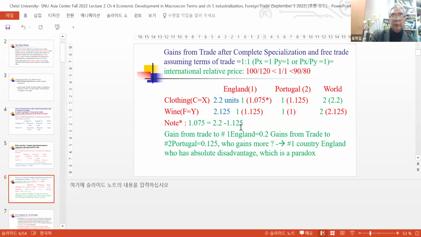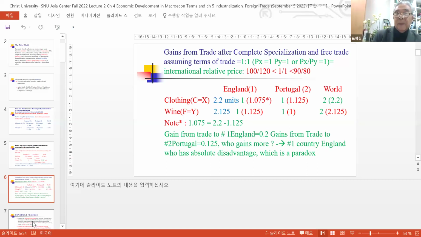England has 2.2 units. So again, England has a higher payoff, in other words, a higher return from free trade. So England, the country with an absolute disadvantage, gains more, which is a paradox, I claim.